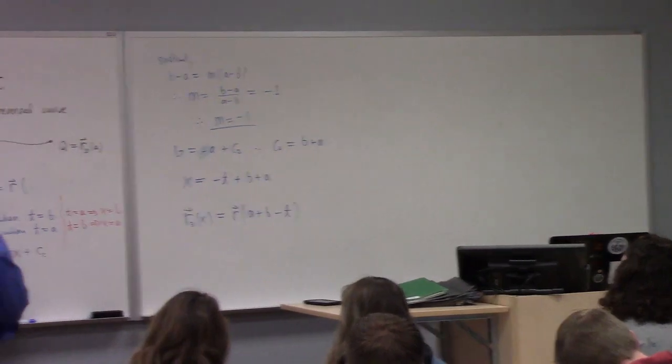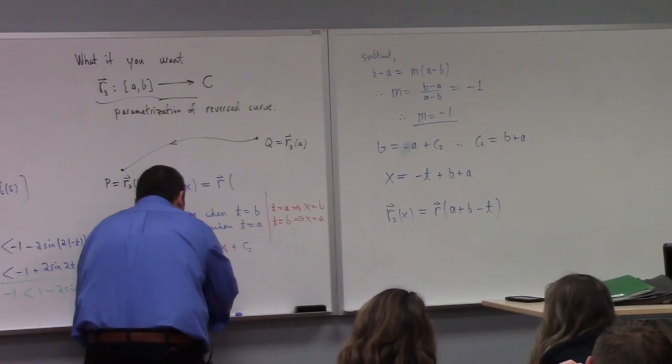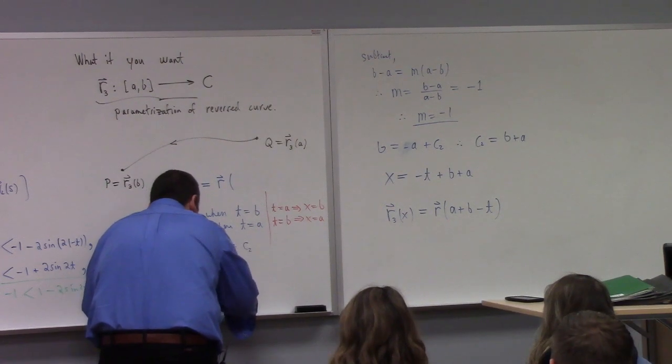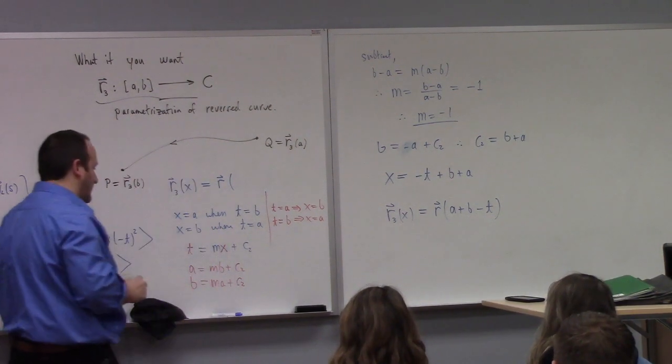So I get a is equal to mb plus c2. I get b is equal to ma plus c2. I think those are the equations I just had written down anyway.